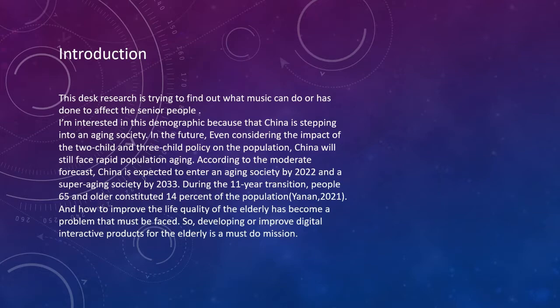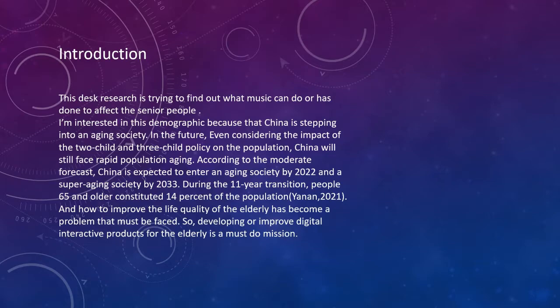During the 11-year transition, people 65 and older constitute 40% of the population, according to Yan 2021. And how to improve the life quality of the elderly has become a problem that must be faced.